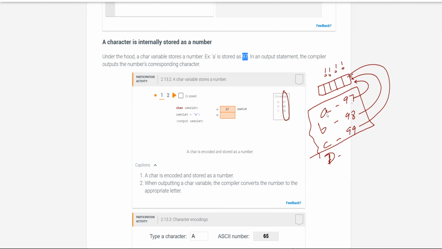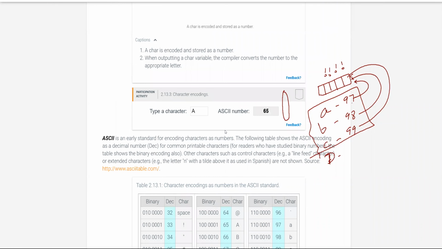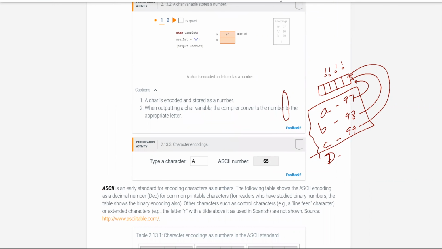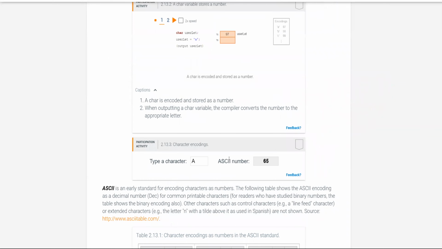This will be stored as a variable of binary numbers, okay? And this is what we call ASCII. So when you see the name ASCII number, that means you store a character with a number here. Okay, so that is what we call an ASCII number, right?